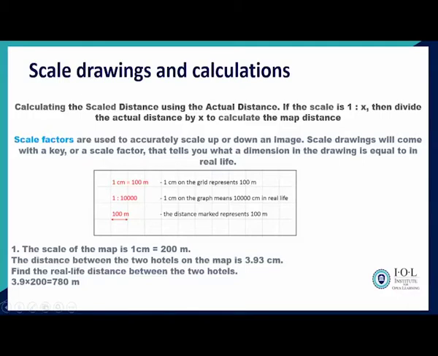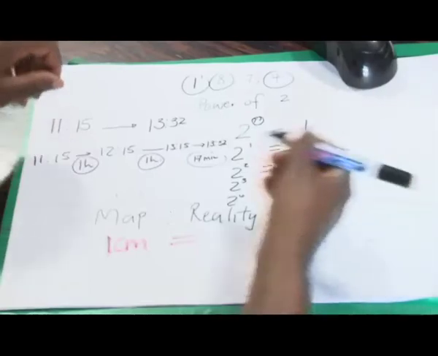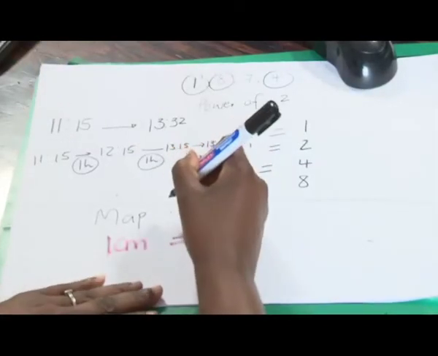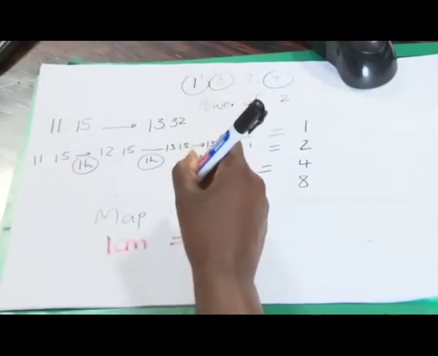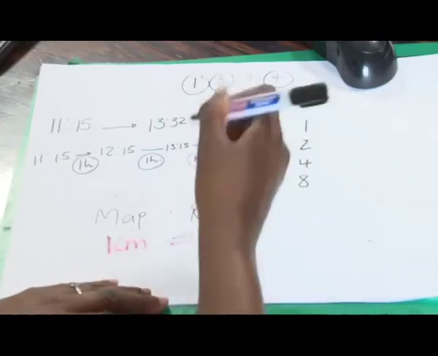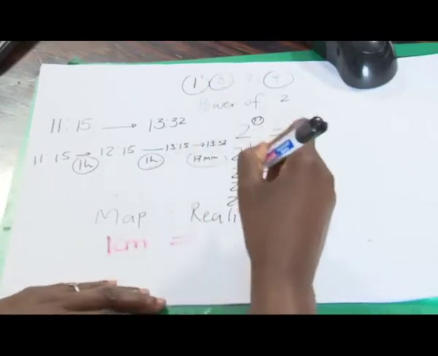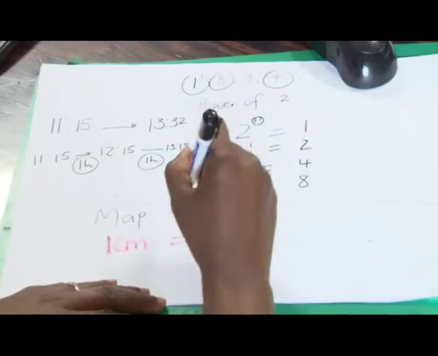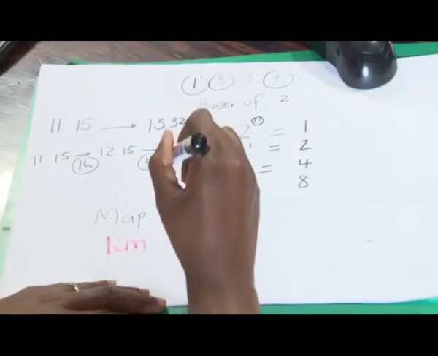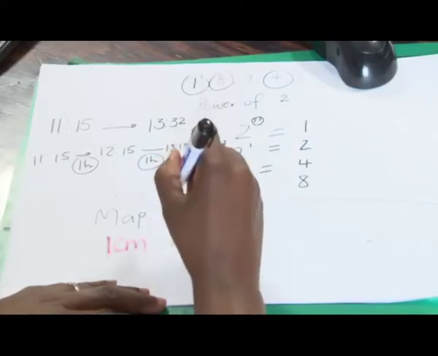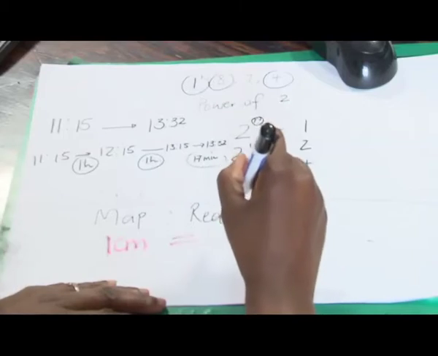Now when it comes to drawing the distance or calculating the distance, let's look at this example. The scale of a map is 1 centimeter to 200 meters. One thing you should note is that you should be able to identify which one represents the distance on the map and which one represents the distance in reality.